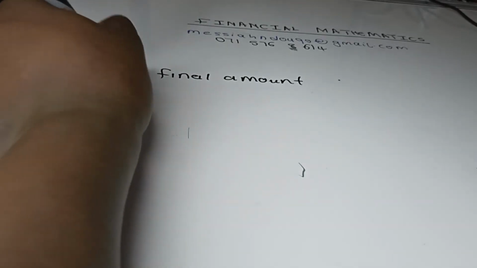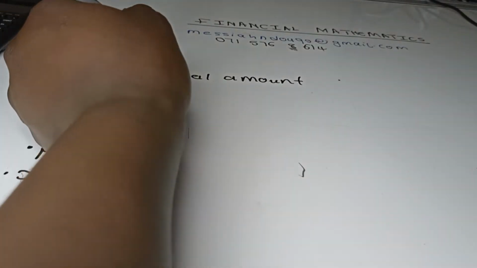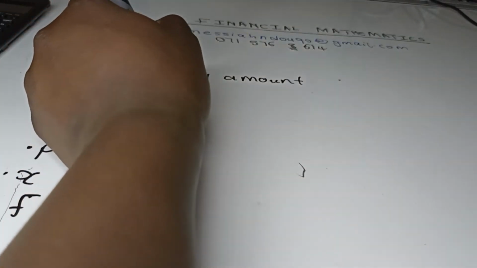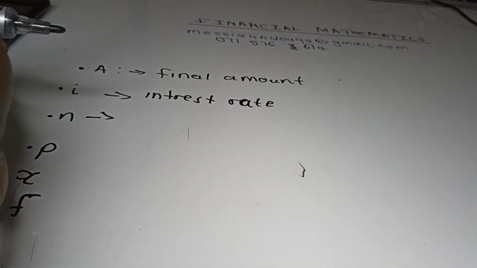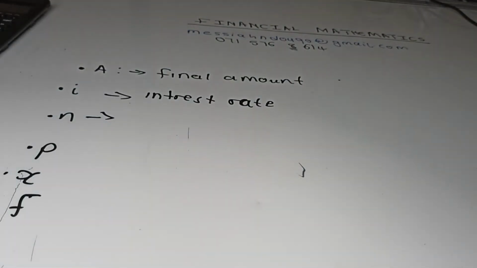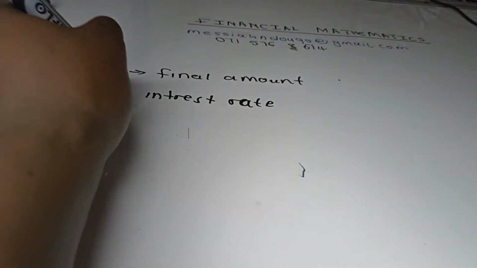A is representing your final amount. Then I is representing the interest rate. N is representing the number of times interest is calculated.